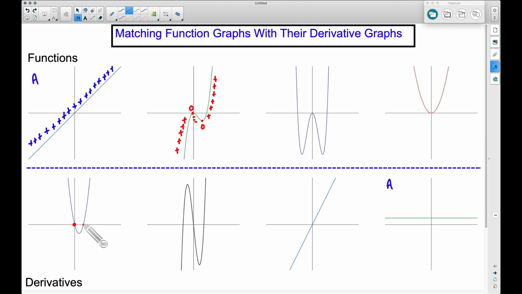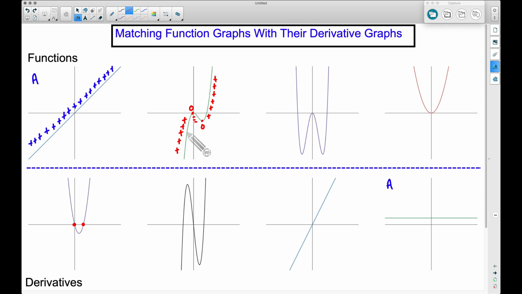But notice right here we're equal to 0 yet again. The y value right here is 0. That corresponds to this horizontal tangent line, the slope of 0 right there. And then on the other side here, our function is increasing, which corresponds to positive y values on our derivative.